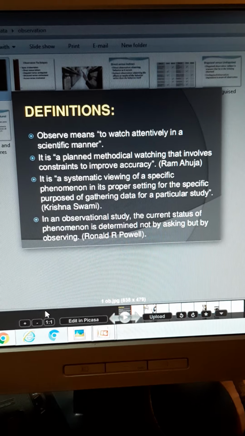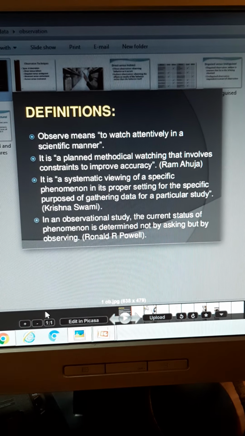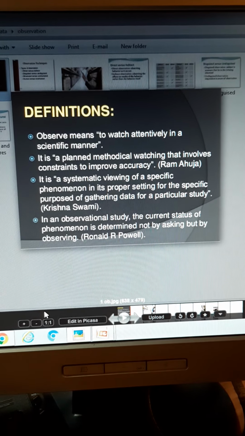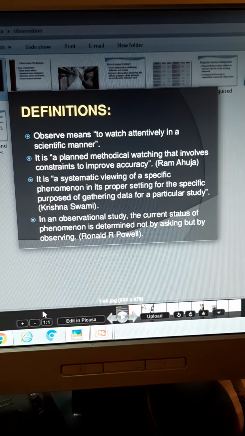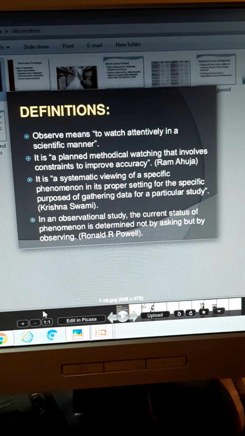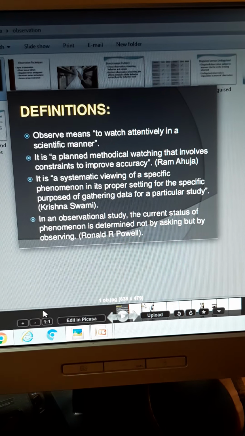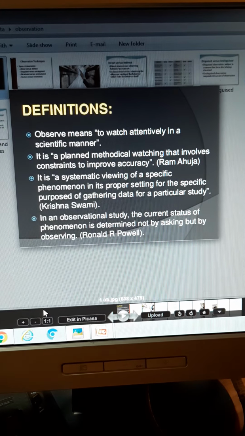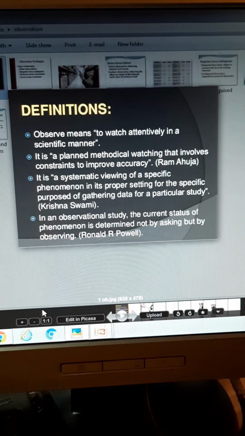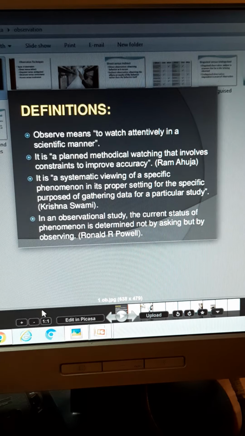So there is another definition which says it is a systematic viewing of a specific phenomena in its proper settings for a specific purpose of gathering information. For example, the proper setting can be a forest.